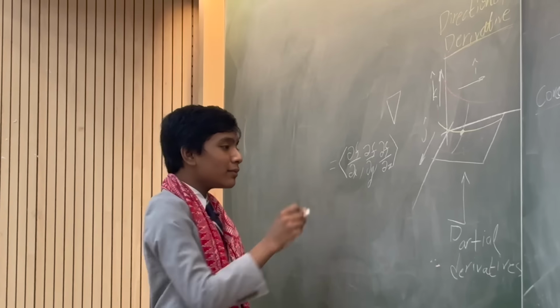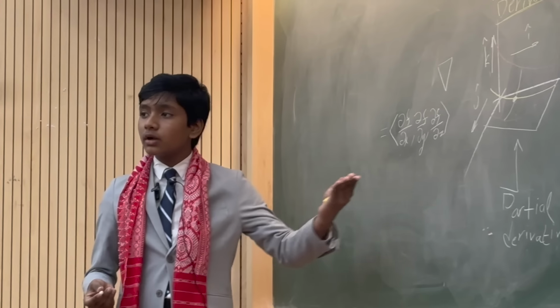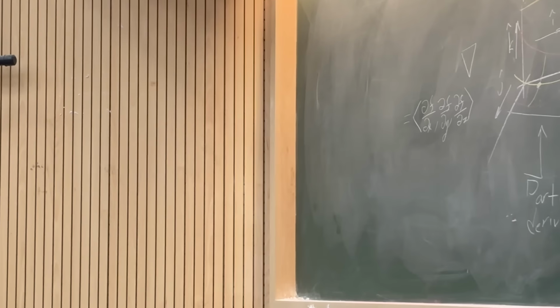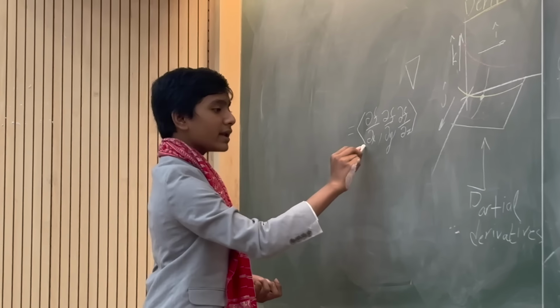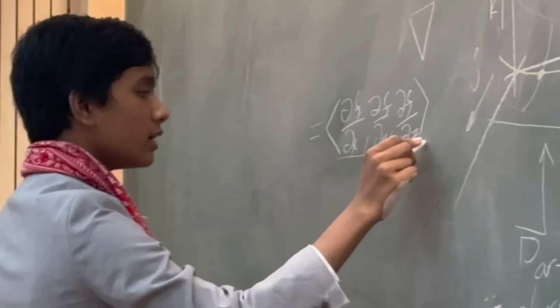So no matter how many components we have, we want to make sure this works. So instead of writing it this way, what I do is write it like this. Partial f, partial x mu. How does this work? Well, essentially, mu is kind of a stand-in for all the numbers.